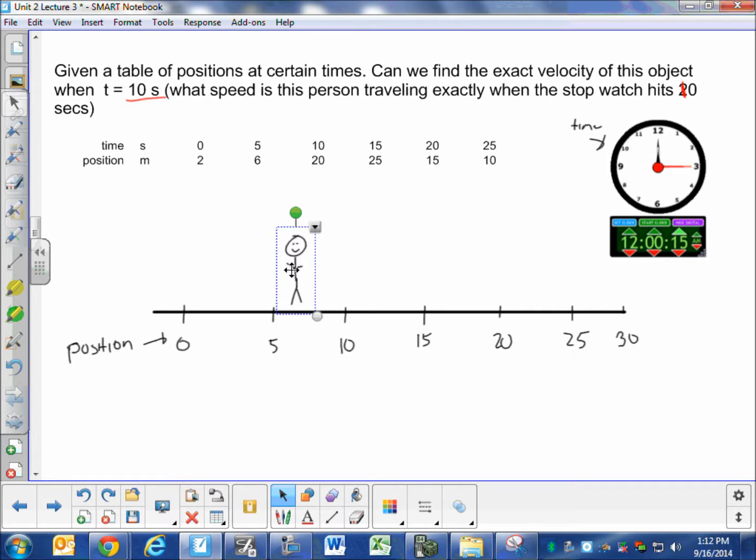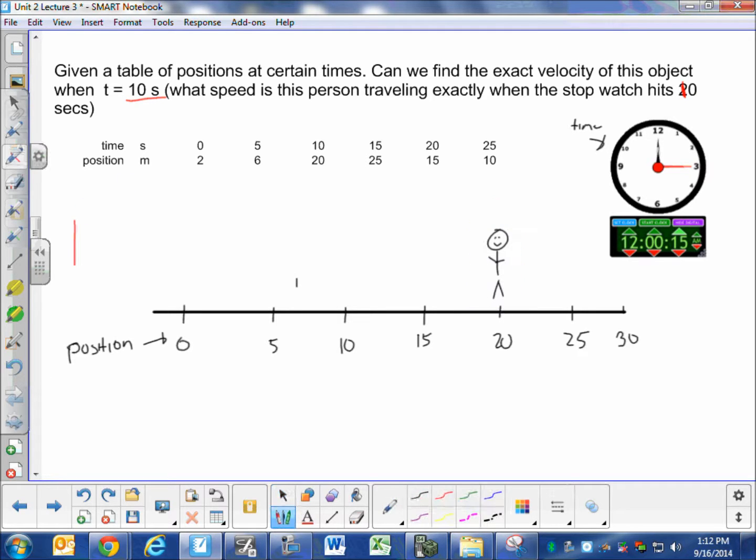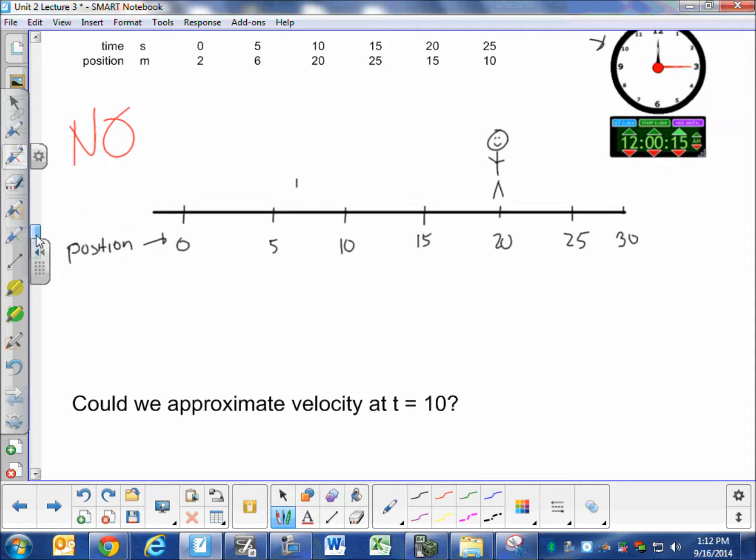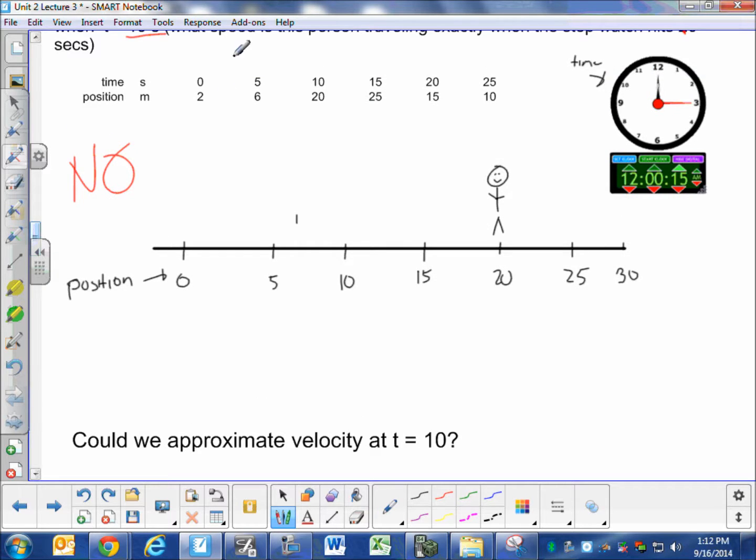Okay? So the question is, can we find the exact velocity of this guy at the 10-second mark when he's located at position 20? No. Not given a table of values. Could we approximate, however, his velocity at the 10-second mark?